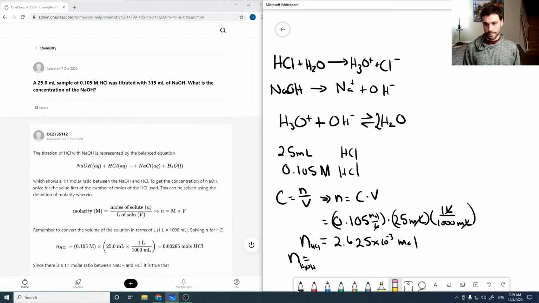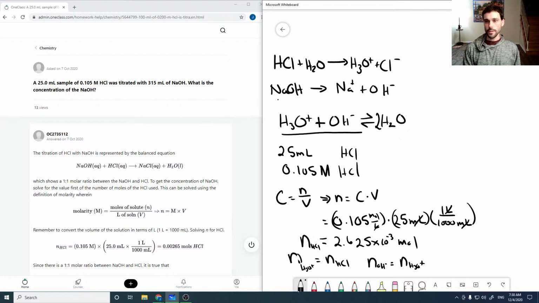Clean stuff up a little bit. So then, from this balanced equation, our moles of OH- is equal to our moles of H3O+.